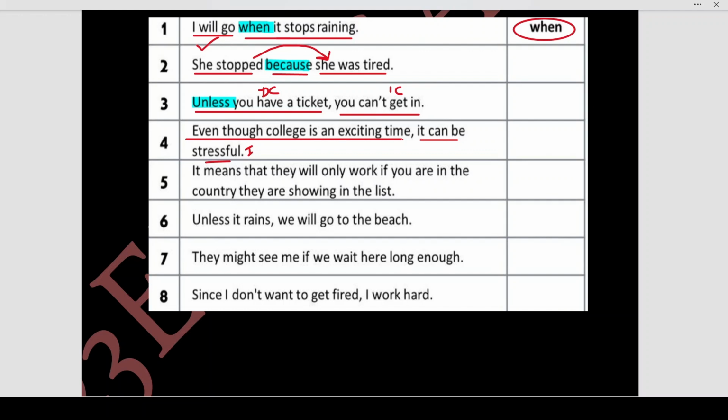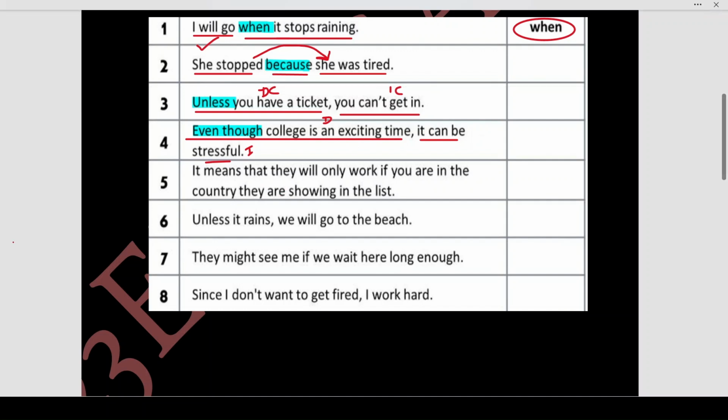That's not conveying any other meaning. So this is your dependent clause. Now, we have to identify which is the subordinating conjunction, which when used makes these two sentences meaningful. Even though. So your subordinating conjunction here is even though. Only when we add it are we getting to understand that even though college is an exciting time, it can be stressful.